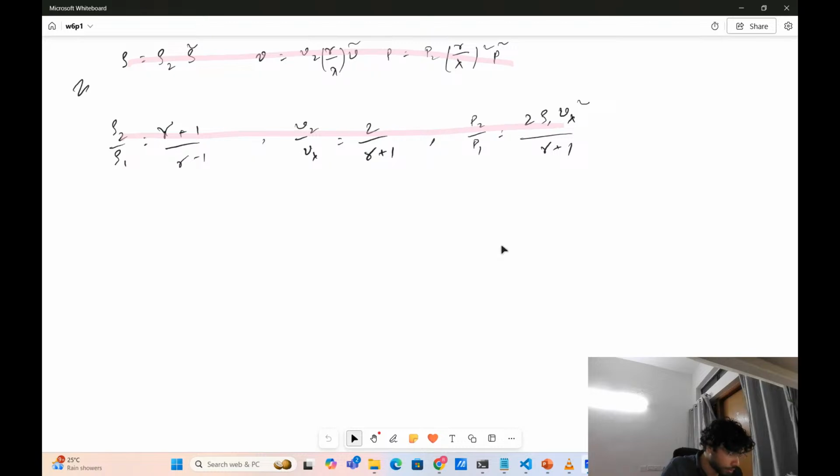So now what I'm going to do is, V2 is equal to 2 by (gamma plus 1) V lambda, from here. Now, V is V2 times R by lambda times V tilde.